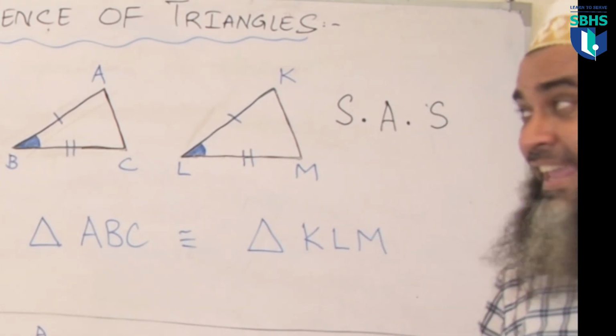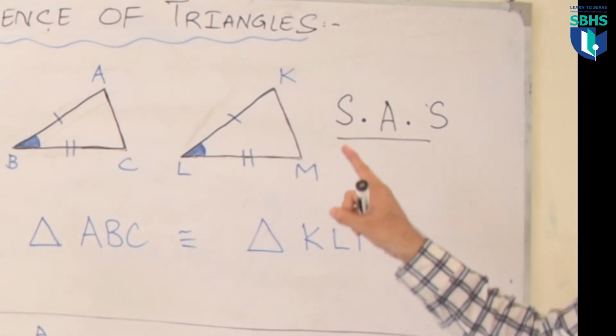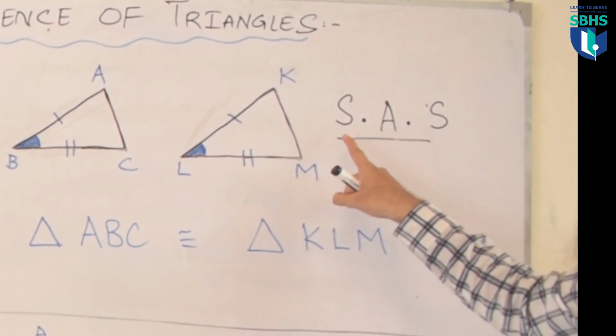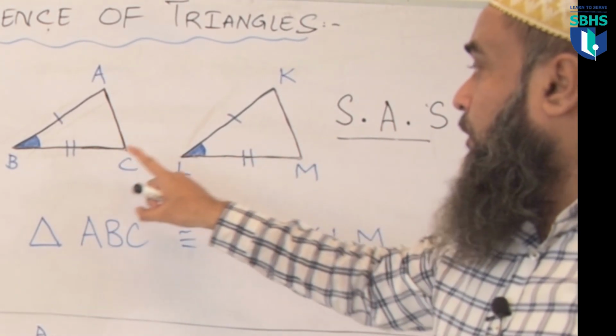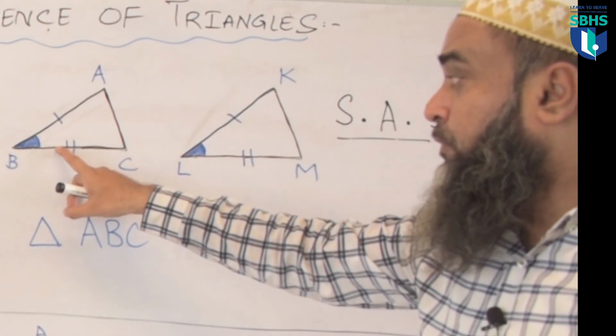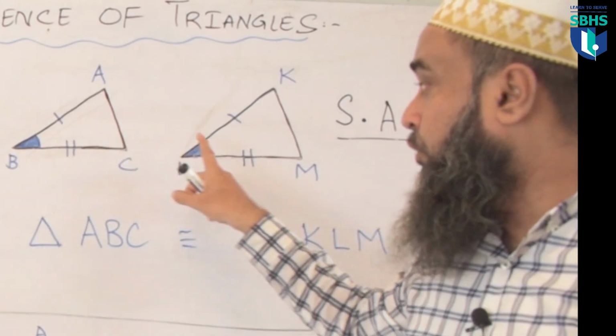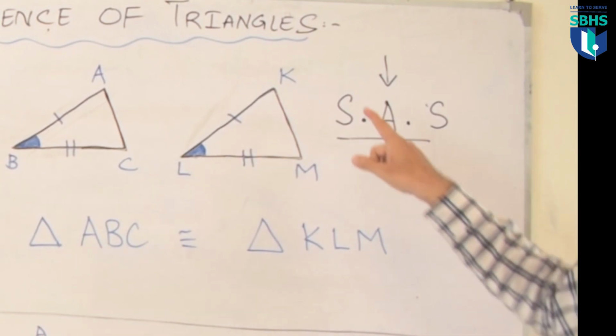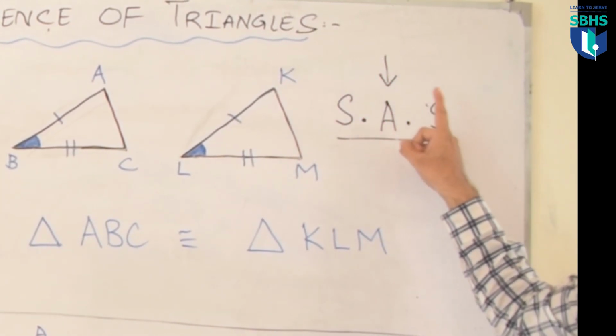What does SAS mean? SAS means side angle side theorem. There are two pairs of corresponding congruent sides, and there is an angle between them which is also congruent. Therefore, this angle is in between the two sides. It's a sandwich between the two sides.